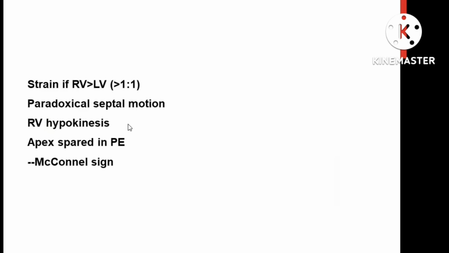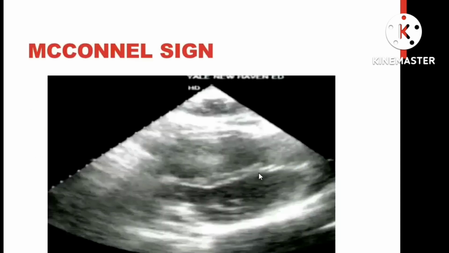What's the McConnell sign? The McConnell sign is extreme pressure of the right ventricle leading to pressure on the left ventricle, at the interventricular septum.